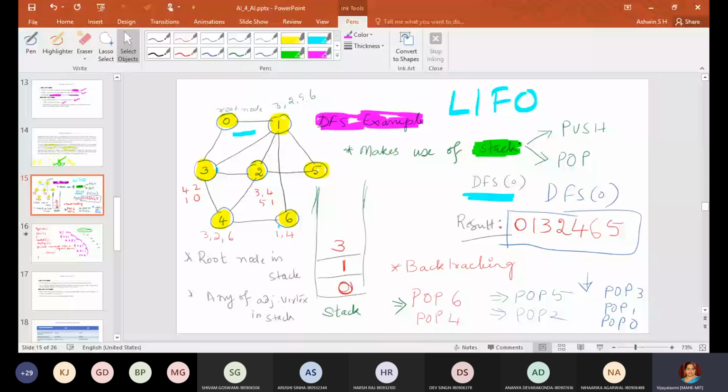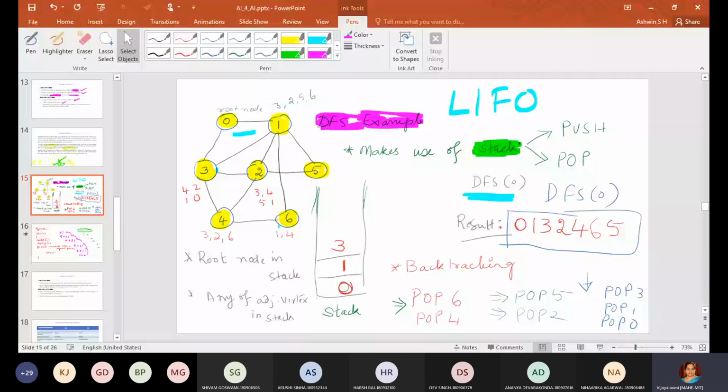Then any one adjacent vertex you push into the stack, and like that you continue. Once it terminates, come back one step by popping the last element. Then try to get the unvisited adjacent vertices and you complete the graph.